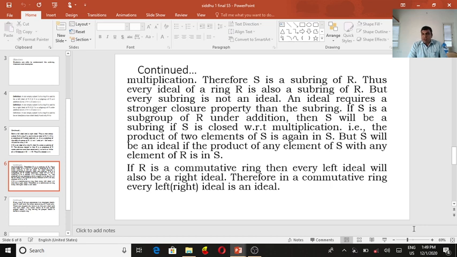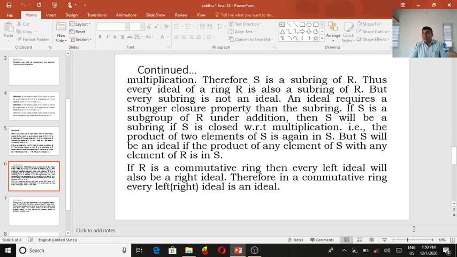That is, the product of any two elements of S is again in S. But S will be an ideal if the product of any element of S with any element of R is in S.